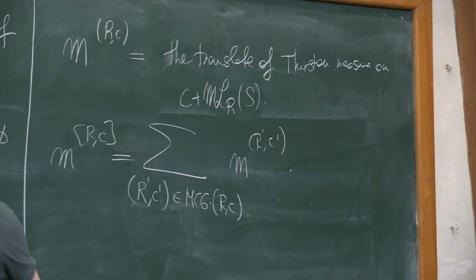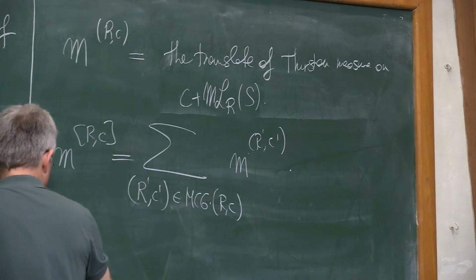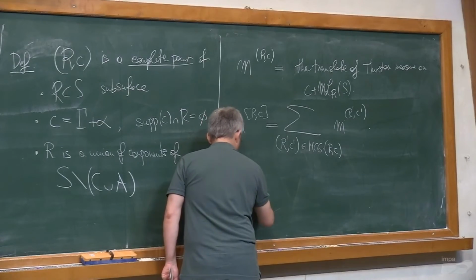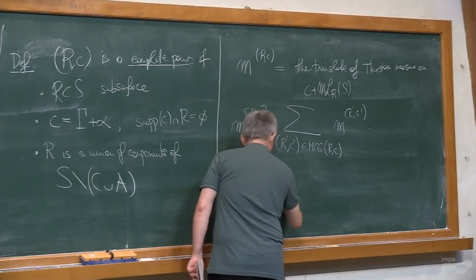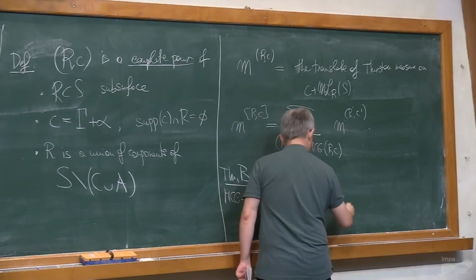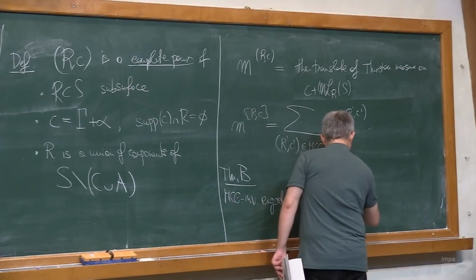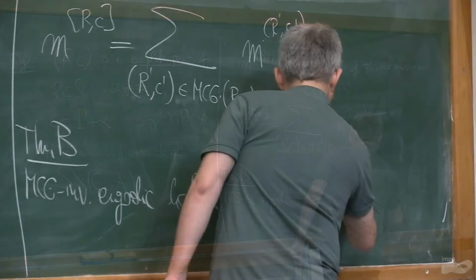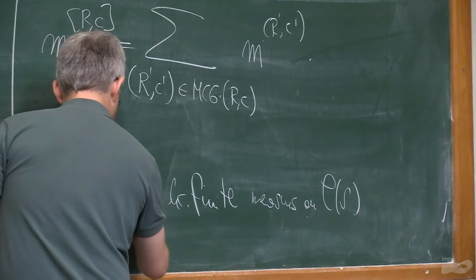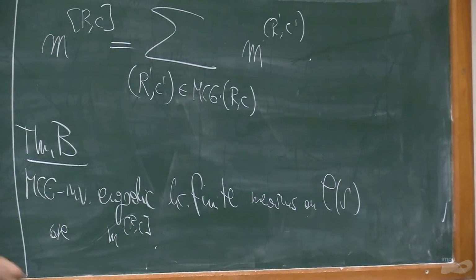So theorem B is that mapping class group invariant, ergodic, locally finite measures on the space of laminations are of this type, up to multiples.